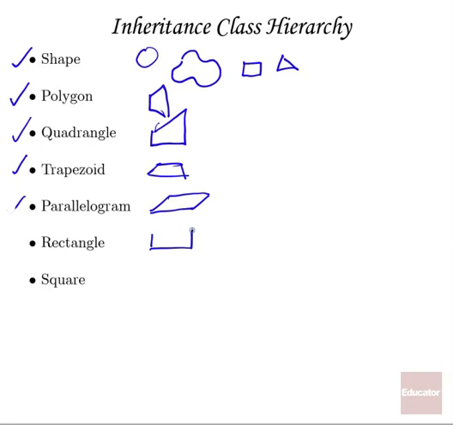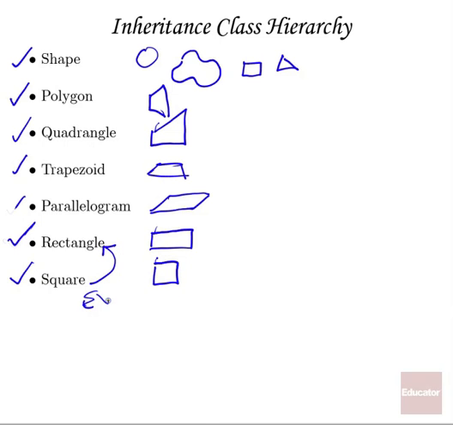Even more specific, a rectangle, four right angles, and then a square, four right angles and four equal sides.